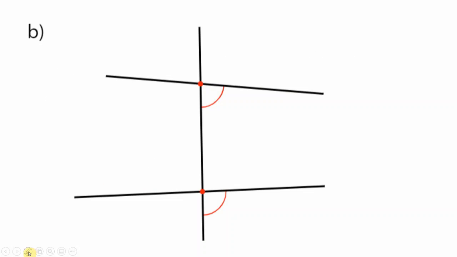Okay, so B, let's have a look here. What shape do we have here? I see the F shape. Let's do it like this, just to make it a bit clearer.